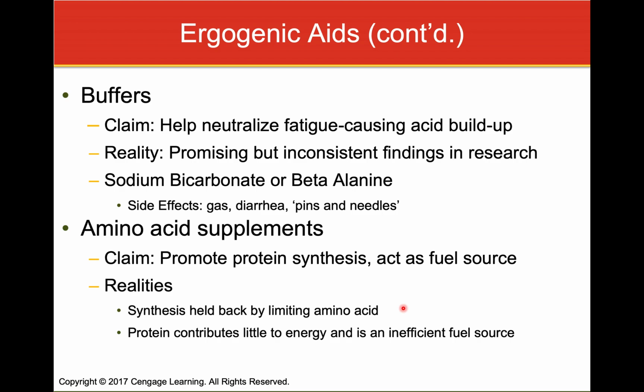Because you're only going to be able to produce as much muscle protein as the number of total amino acids that you have. And then also acting as a fuel source, protein contributes little to energy and is an inefficient fuel source. So it's not necessarily beneficial to consume something that's going to enhance your use of protein as a fuel source.